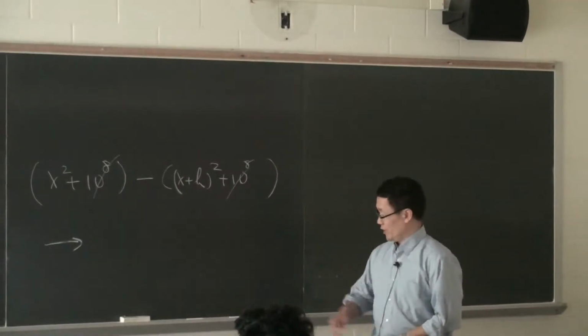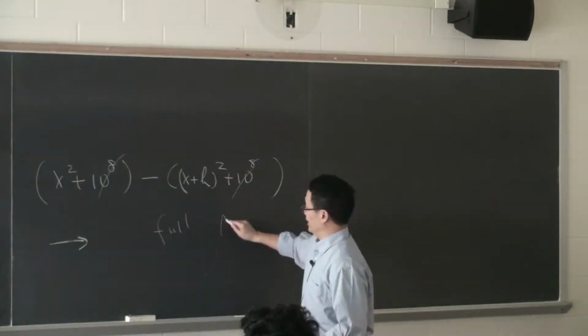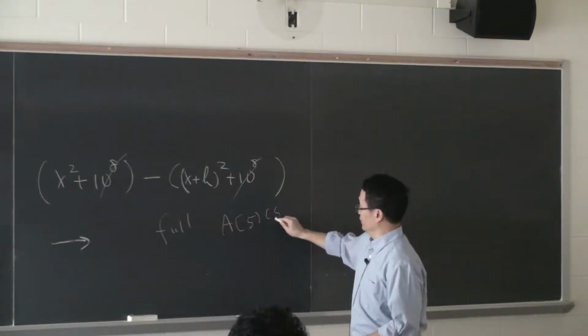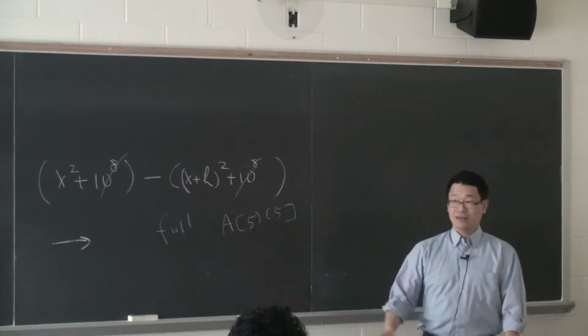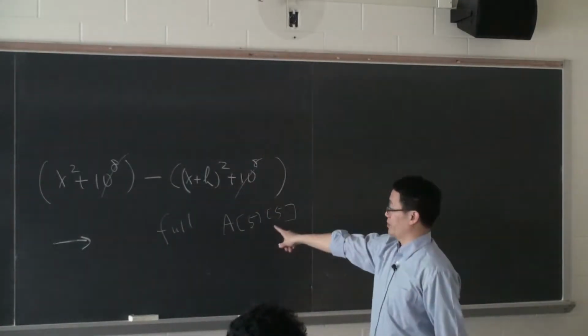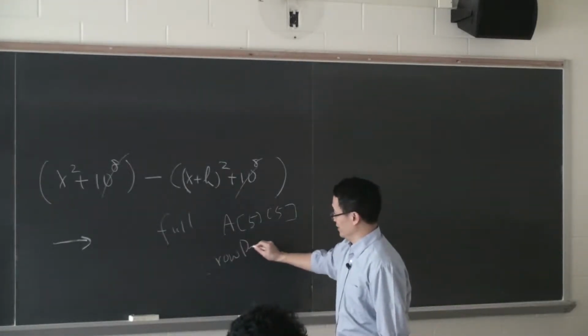So for A, your full matrix, you declare an Aij, A55, and you input that matrix line by line, element by element. And then you do the row compressed format.